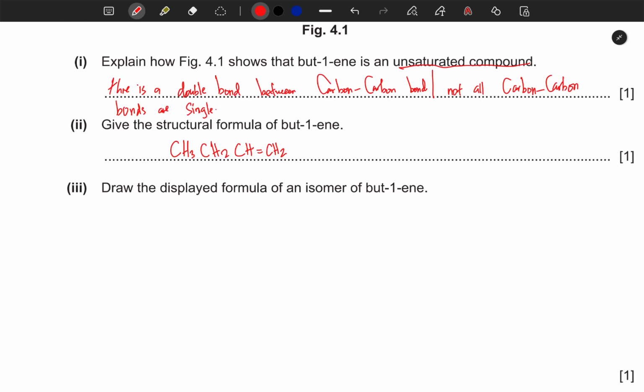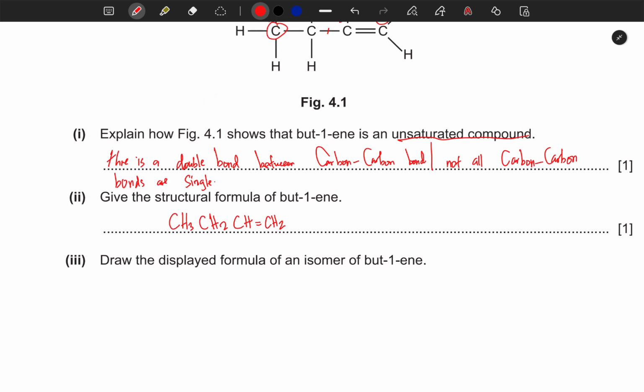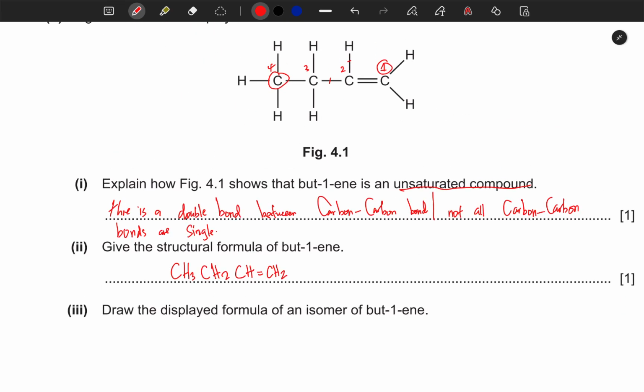Draw the displayed formula of an isomer. Now, an isomer is a compound that has the same chemical formula as the other compound, but they differ in their displayed formula. Get the concept right? So, how can we write an alternative form of this?